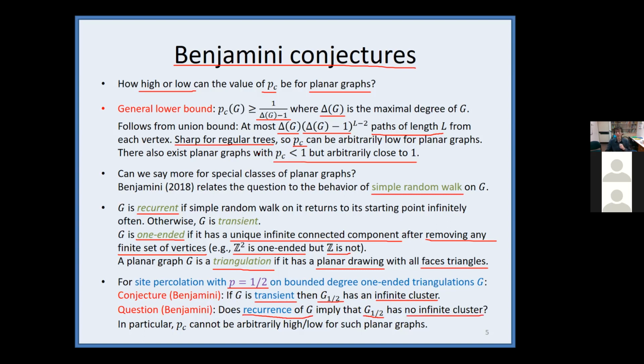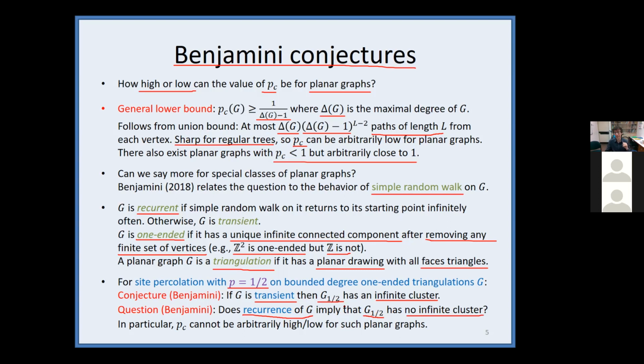So you see that the examples we discussed above, the regular trees are transient, and the pc can be arbitrarily low in regular trees. But what Benjamini says is that on the contrary, because it's transient, pc cannot be arbitrarily high. And in the other direction, if the graph is recurrent, then pc cannot be arbitrarily low.